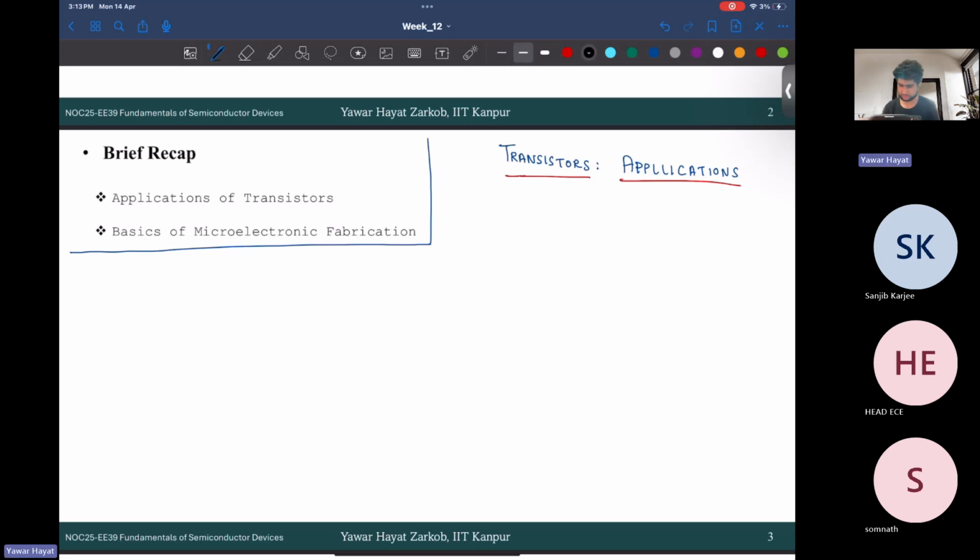These include a class of transistors for memory devices. What other applications are there?